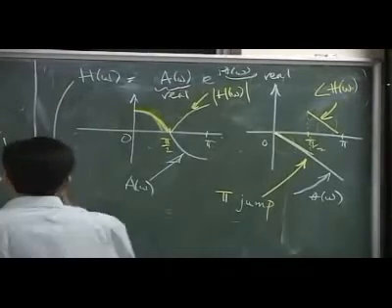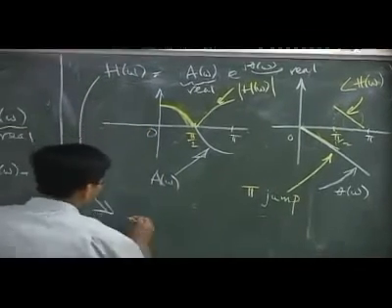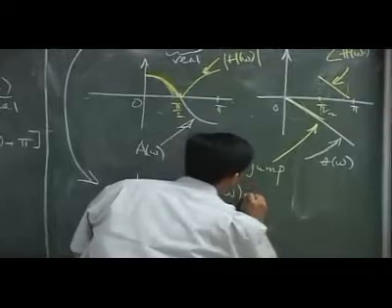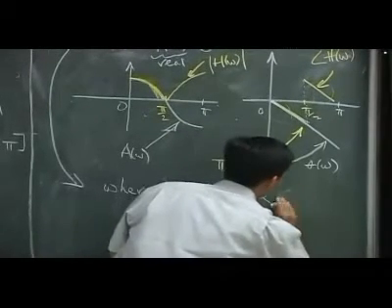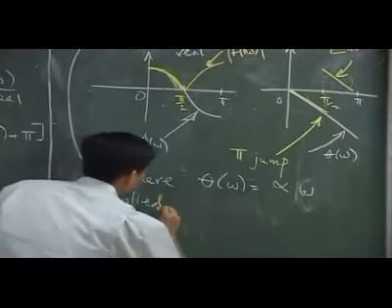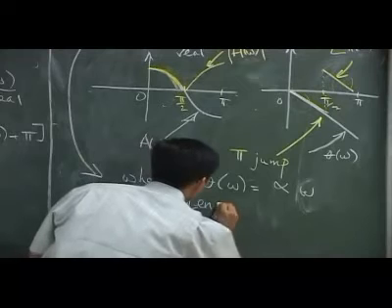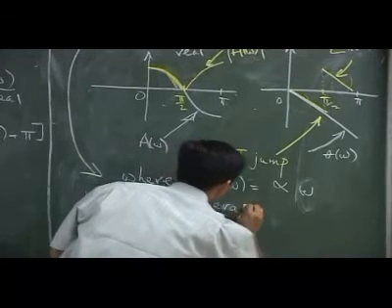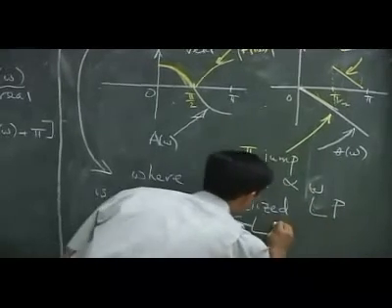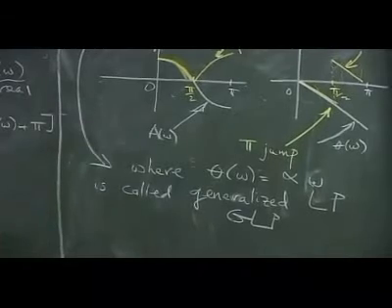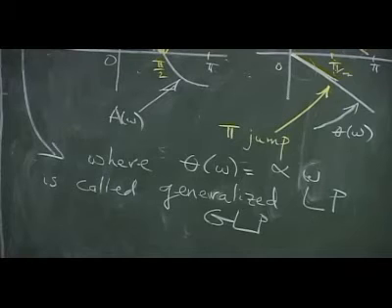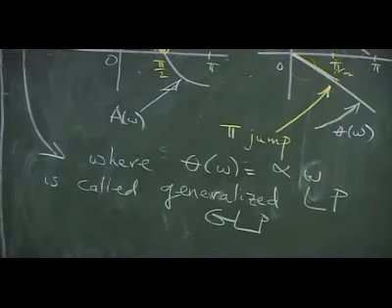For a filter of that general form, where theta of omega equals some alpha times omega, it is called generalized linear phase, GLP. So you see the GLP is the generalized version, but it's as good as a linear phase for practical purposes.